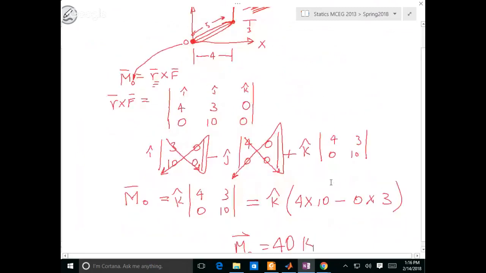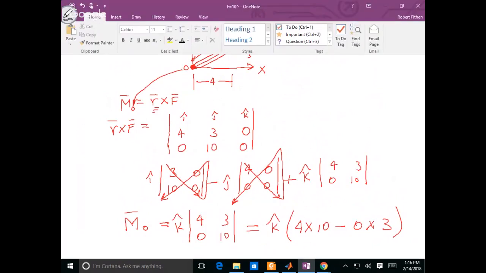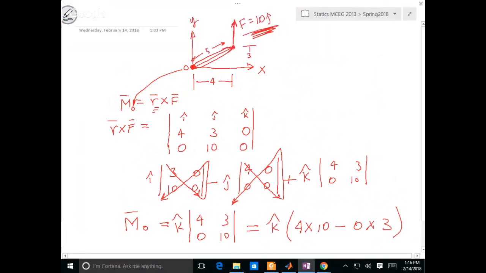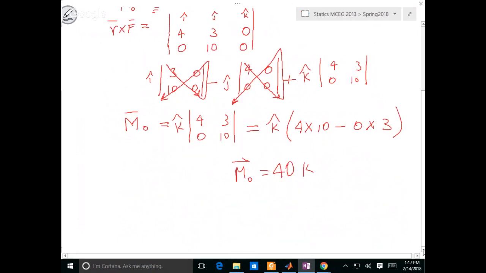Let's suppose that here, I'll just try to copy the problem and go down to the bottom.